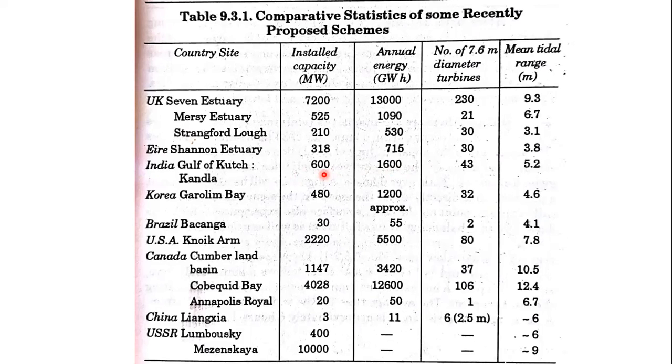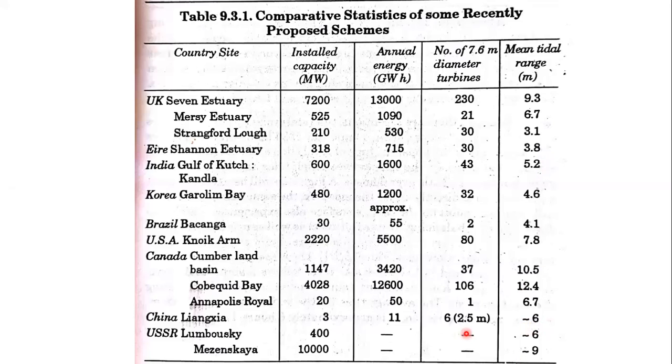And if you notice here, we have China also. It has only 3 megawatts. It is not that interested, though it has a higher mean tidal range than India, approximately 6, while India has only 5.2.